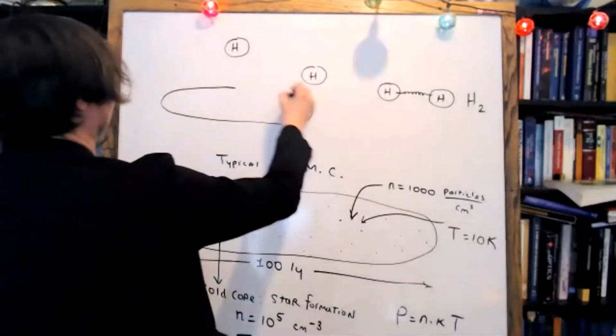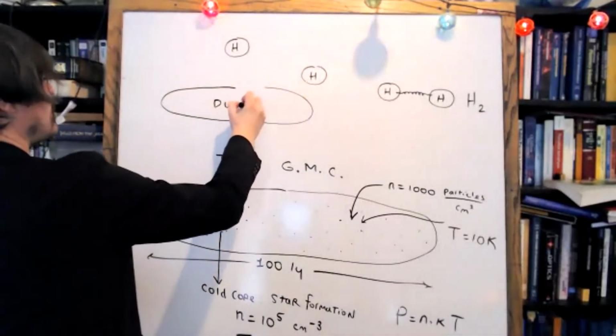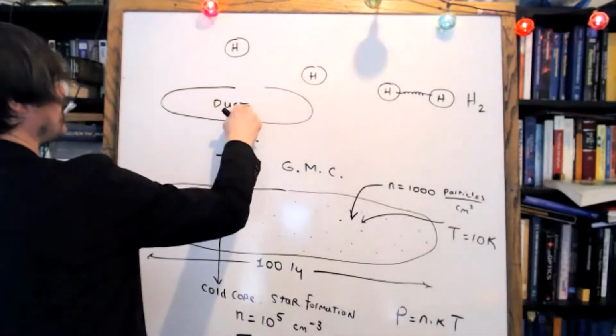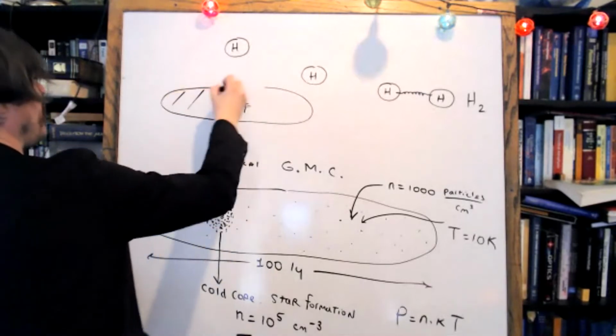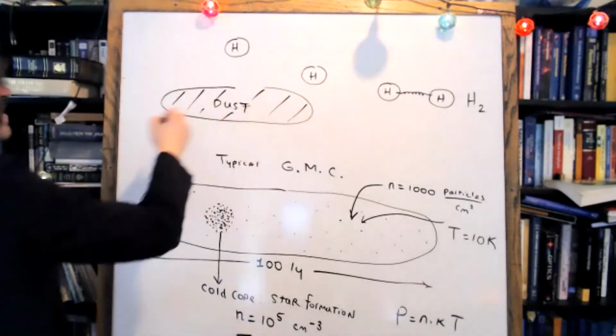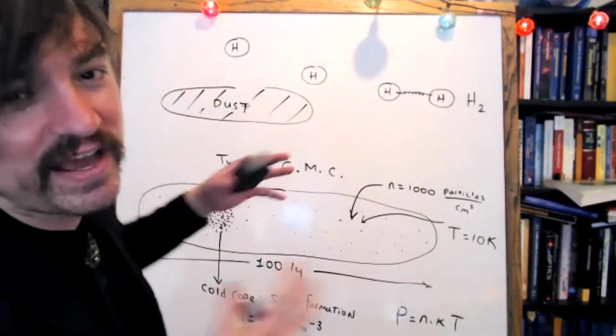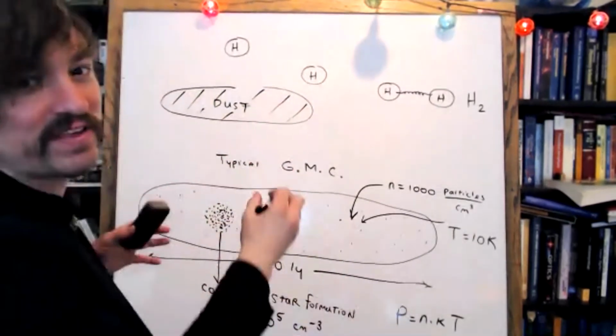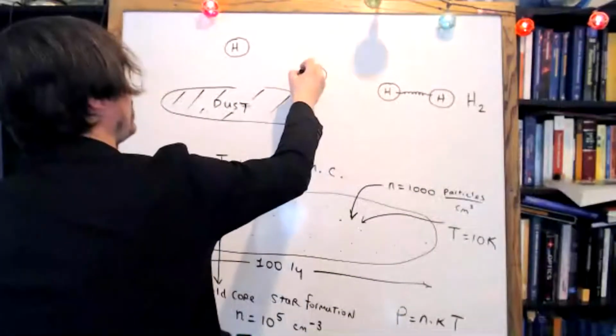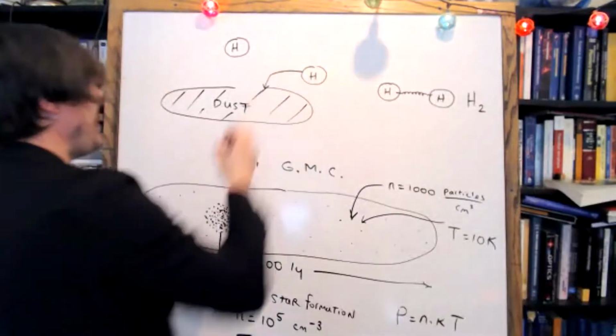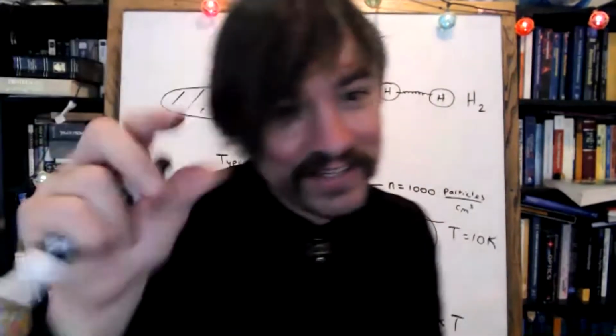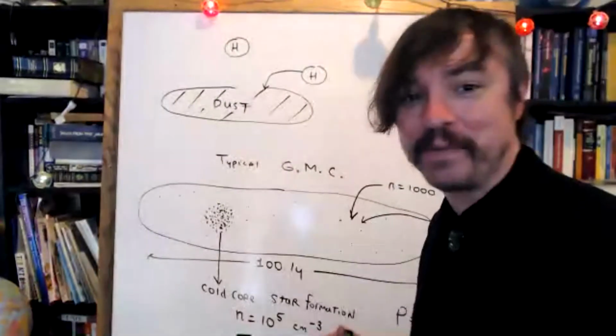Introducing a dust grain as nature's cosmic tiki bar, okay? Because dust, the molecules that make up dust, kind of have a little bit of static forces. So a hydrogen atom walks into a bar and it sticks to a dust grain due to some little electrostatic cling.